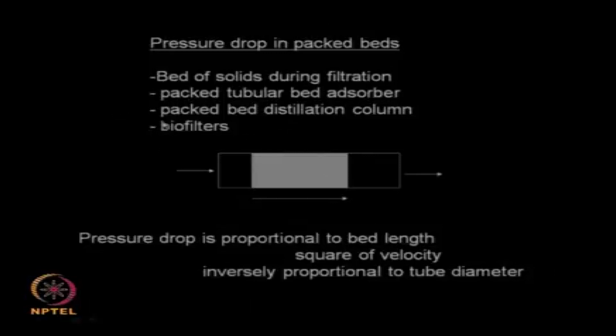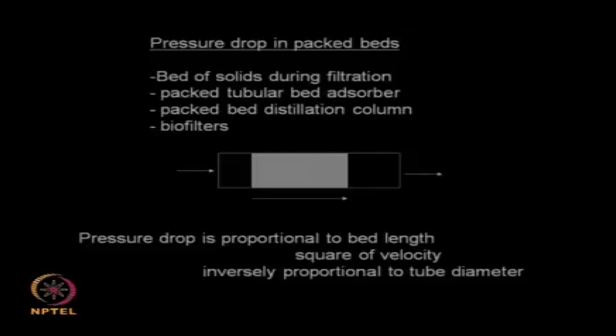Biofilters, where you are trying to remove toxic gases using a packed bed of microorganisms and nutrients, then again you have a situation of pressure drop. So in all these areas you need to consider the pressure drop, and the inlet pressure should be sufficiently large to overcome it.